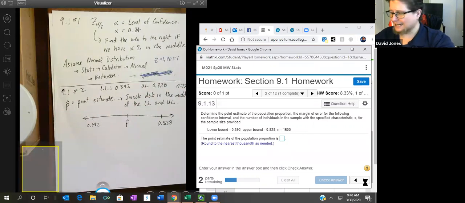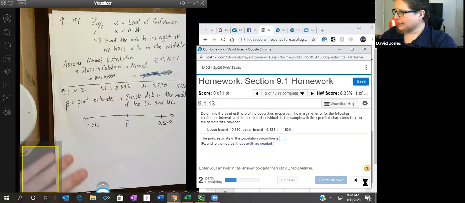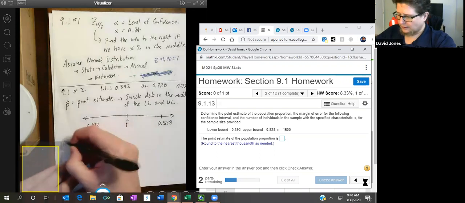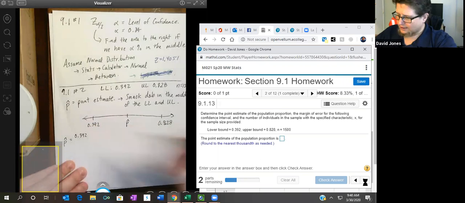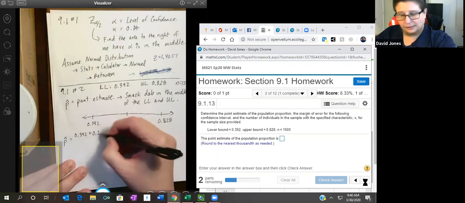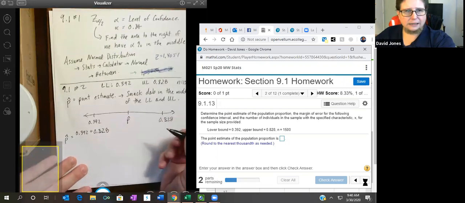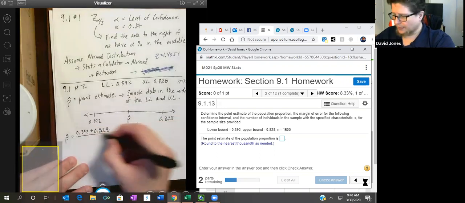One way of finding that is we're trying to find the average of these two numbers. What we can do is add these two together. I'll add 0.392 to 0.828. And I'll divide by 2.